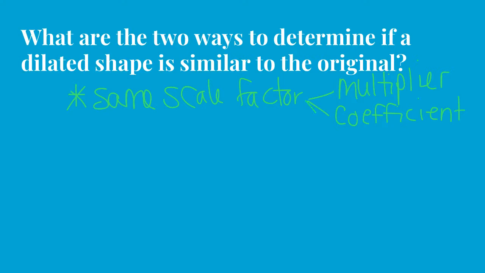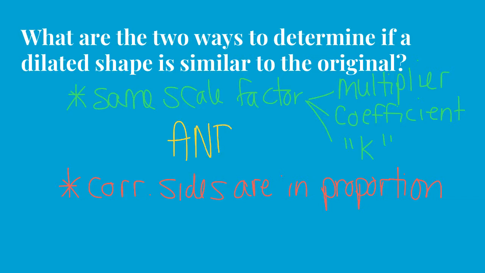You might also see it as the letter K. The other thing we need is that corresponding, I'm going to abbreviate, corresponding sides have to be in proportion. If they are not in proportion, you do not have a similar figure. So you must have these 2 things. There's a big and in here for you to have a similar figure.